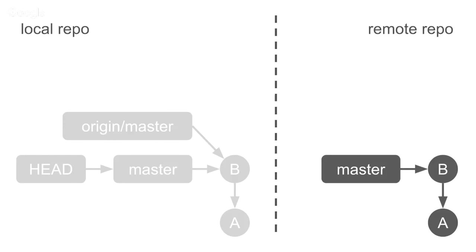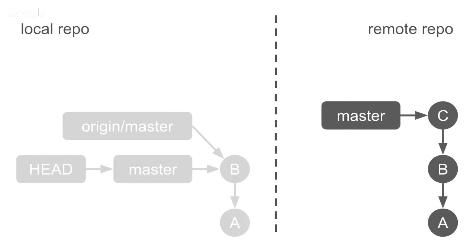All right. Let's now assume that someone else changed something on the remote repo, and see what happens. So, for example, let's say when we were sleeping, someone else added another commit, let's say it's commit C, to the master branch.